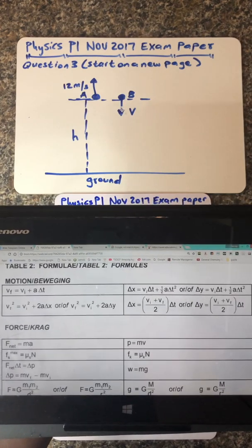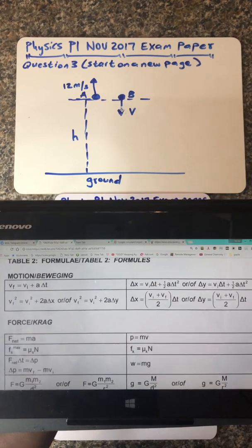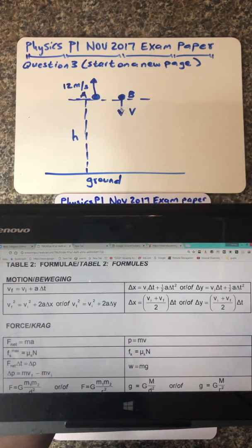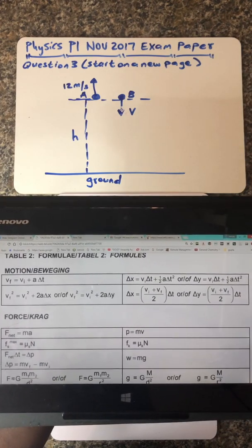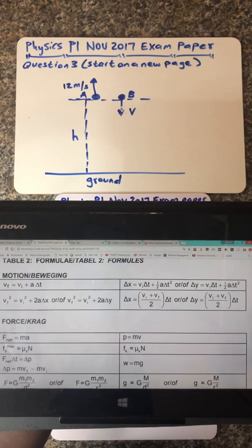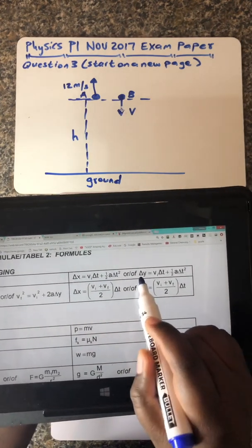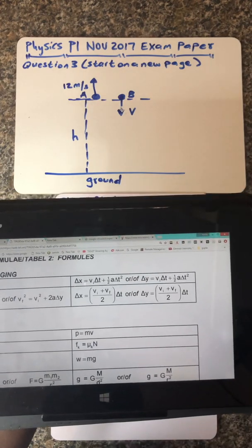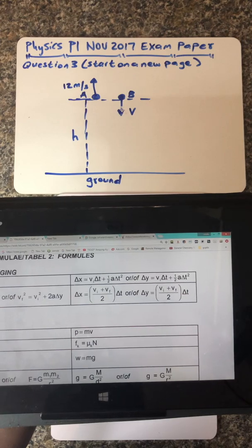Remember, in this case, I'm mostly interested in finding a formula that has the age, initial velocity, and the time. So those are the most important factors in relation to this question. So this is the formula that I can straight away use and get the answer for this question.